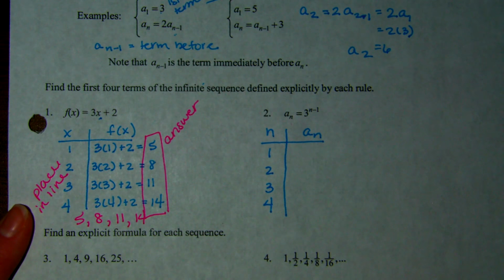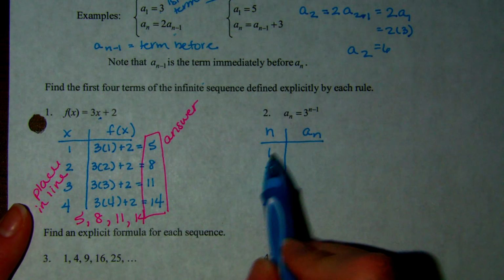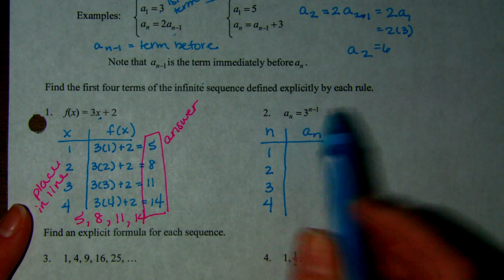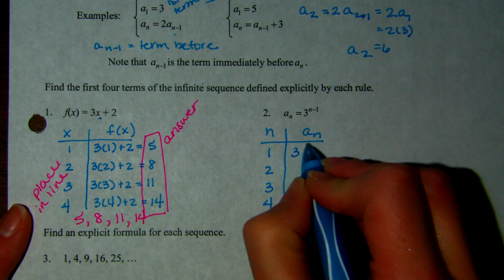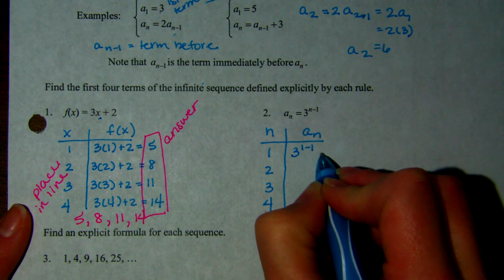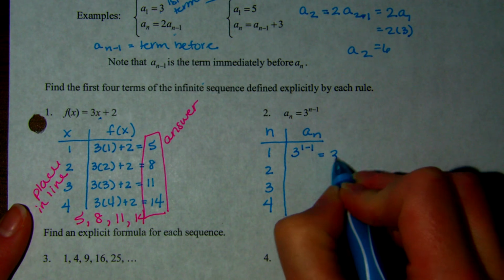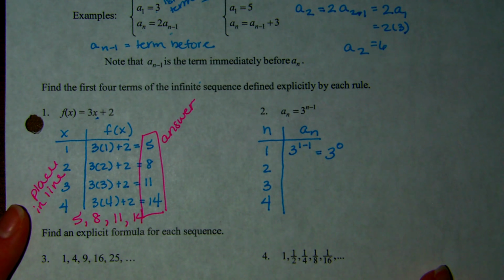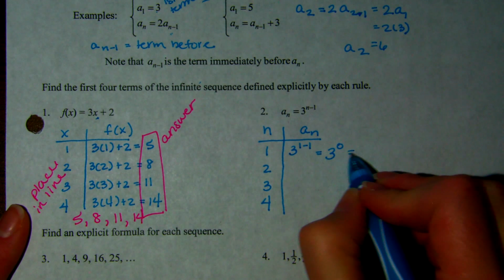All right. And then to find our actual term, we take this number and we plug it into this formula. So this is 3 to the 1 minus 1 power, which is 3 to the 0 power, and that is 1.